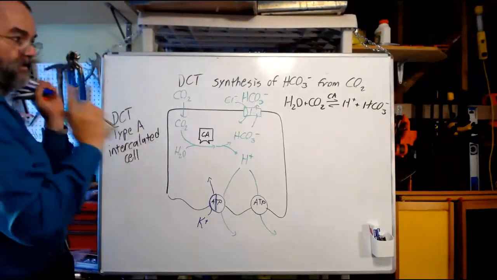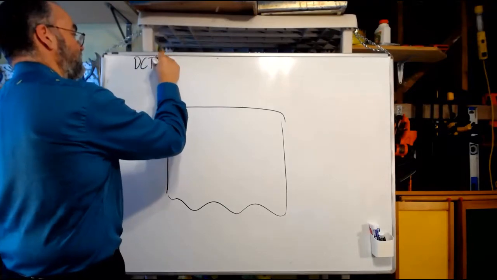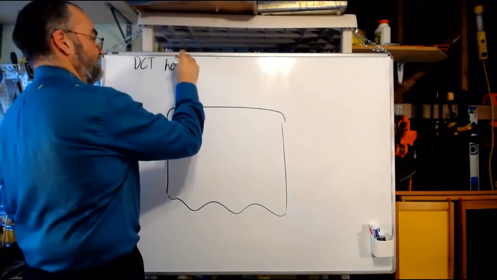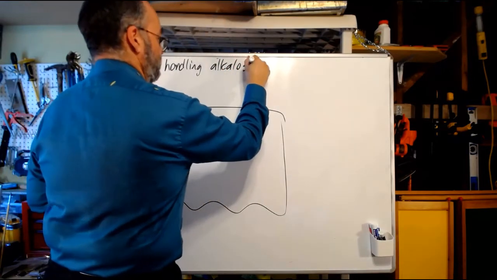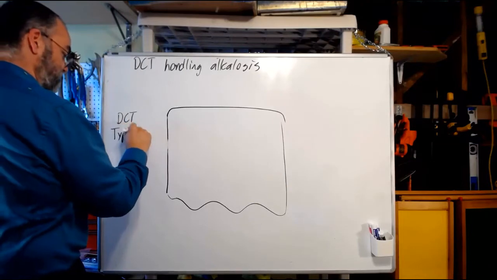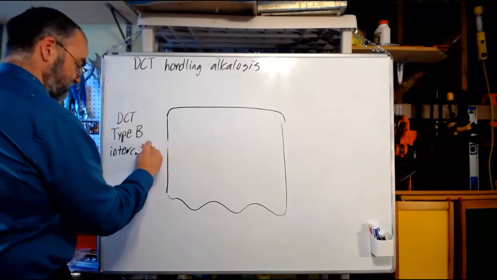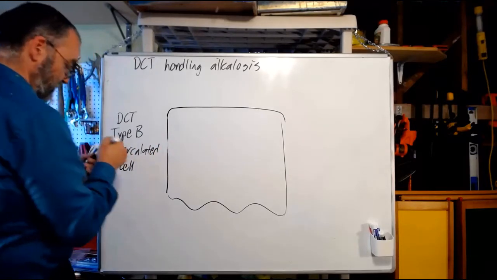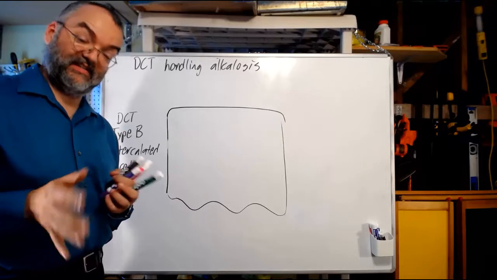All right, let's talk about how the DCT handles alkalosis. This is going to happen in a DCT type B intercalated cell. So here, if I'm in alkalosis, my body is too alkaline and I need to acidify it.